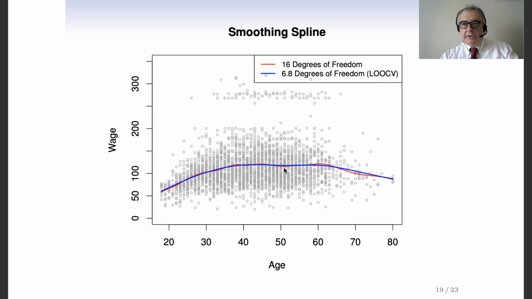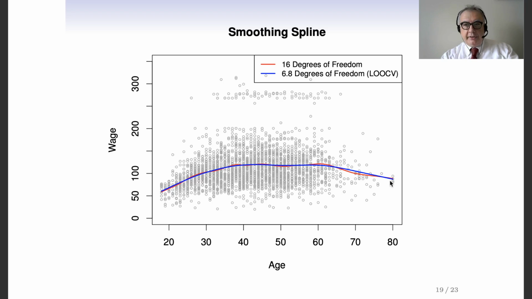You can see that they are quite similar, although the blue one, having fewer degrees of freedom, is more regular, so you don't have some oscillations that you can see in the red curve.